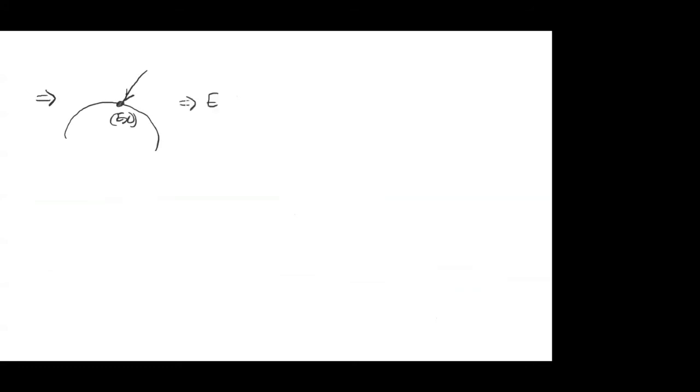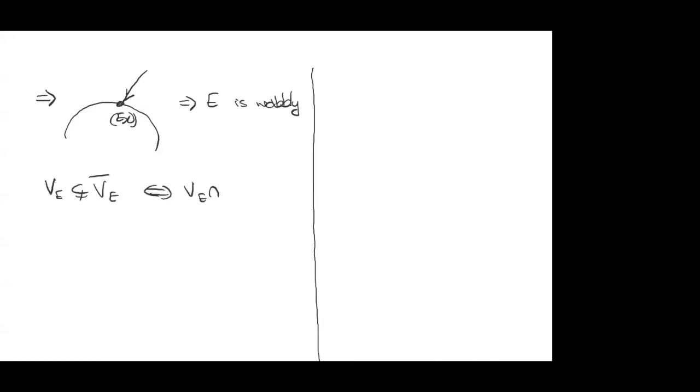So E is... okay. All right. So if we look at the proof now, we see that VE is not the same as its closure if and only if VE intersected with the nilpotent cone is not the same as its closure, right?